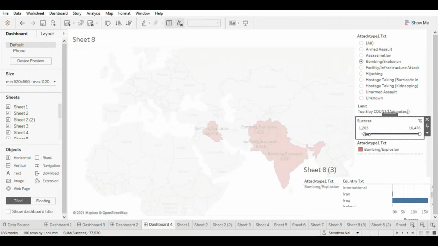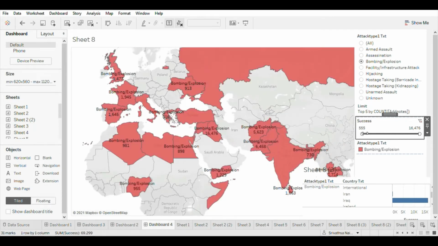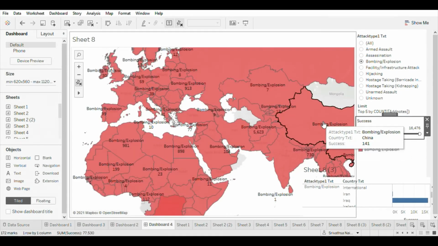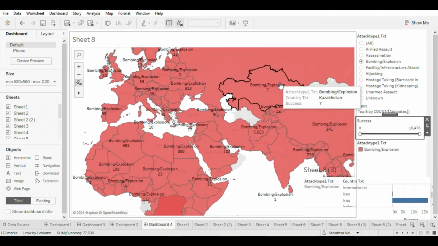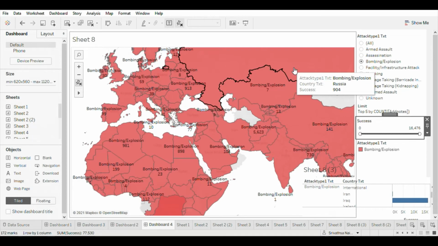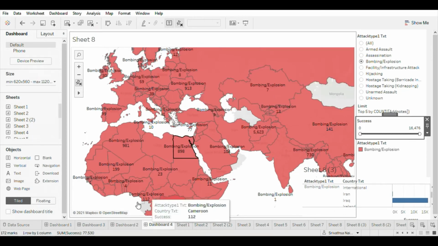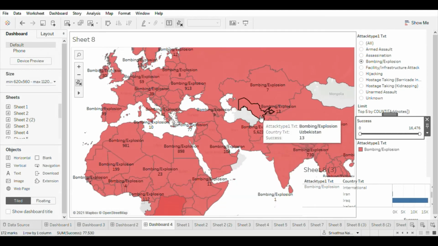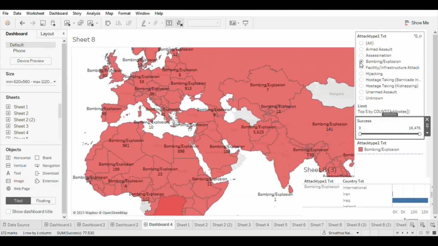We can increase this filter width, and we'll get how many explosions happened throughout the entire world. China had 141 bombings, Kazakhstan had 7, Russia had 904. Similarly, we can check how many bombings happened throughout the world just by hovering over it.